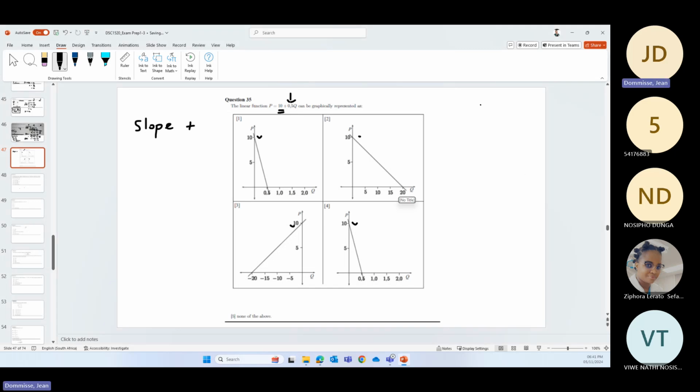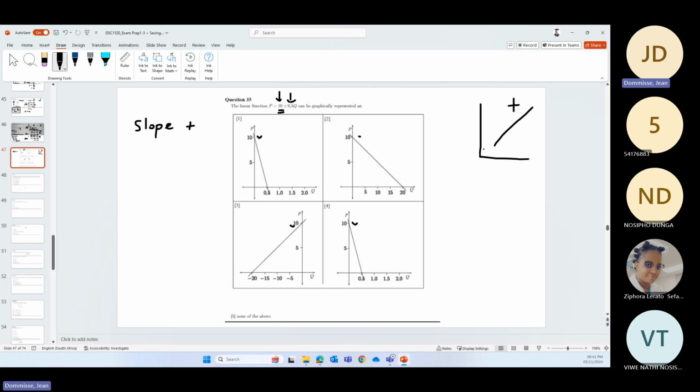A positive slope looks like this. So I did not look to work out any other points yet. I just looked at the ones that they gave me on the y-axis.